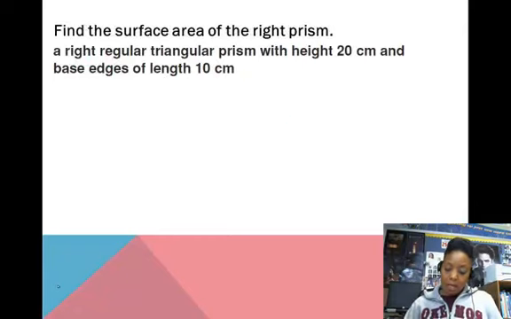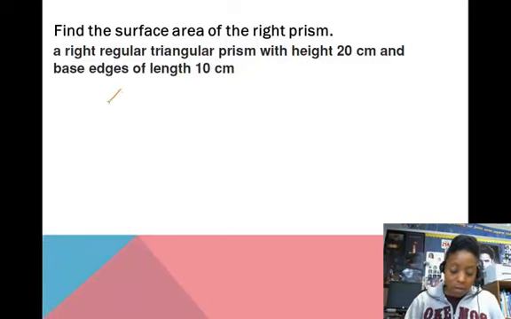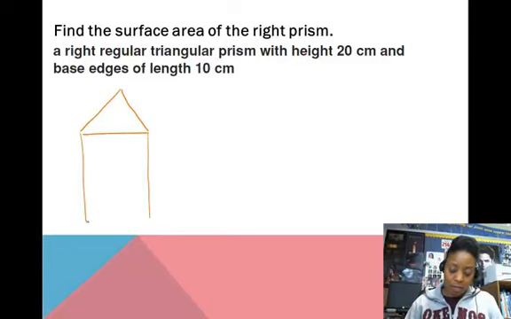Okay. All right, now we're going to find the surface area of a right prism, and this prism is a right regular triangular prism. So the top of this prism is a regular triangle, or in other words, an equilateral triangle. And our drawing would look like that. So we've got to find the surface area.